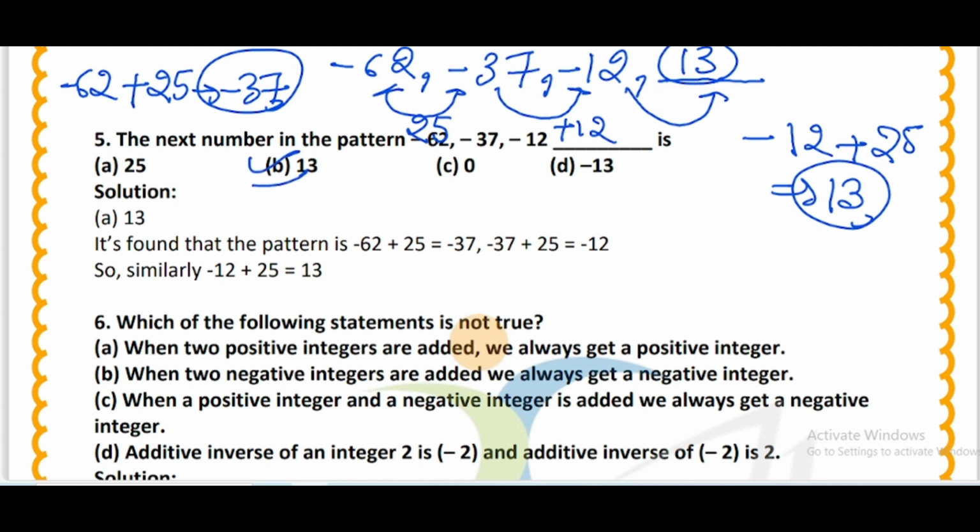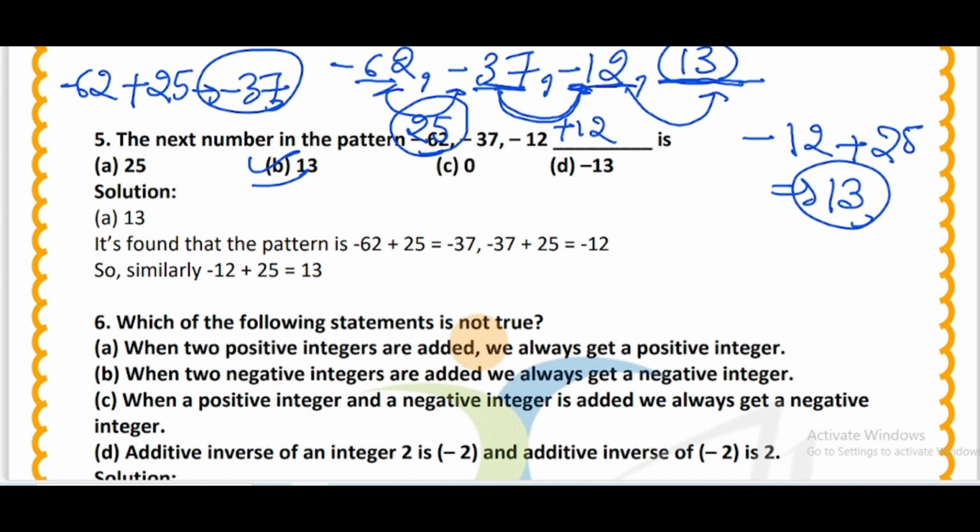Let's see how we solve. The sequence given is -62, -37, -12 and so on. Then the gap between -62 and -37 is +25. Then same as the gap between -37 and -12 is +25.